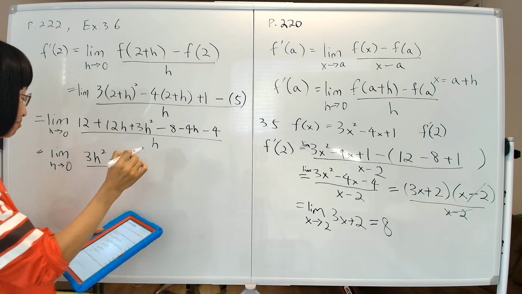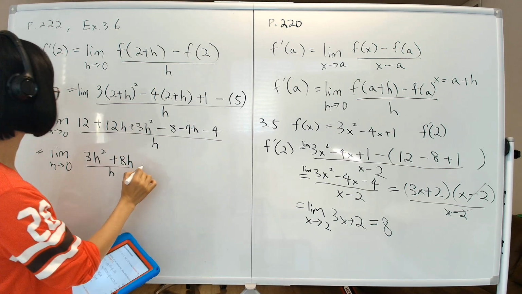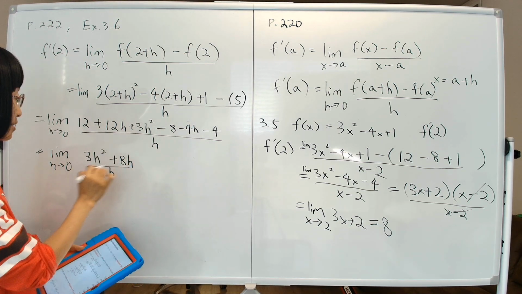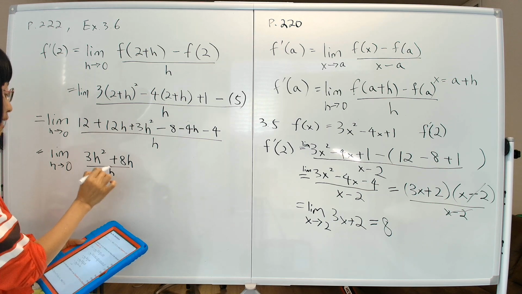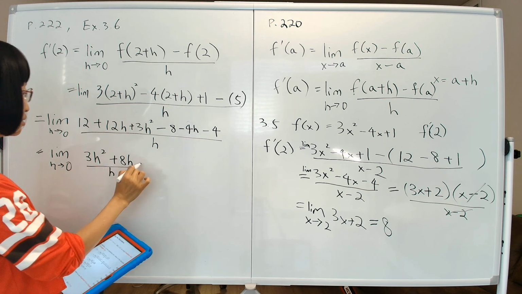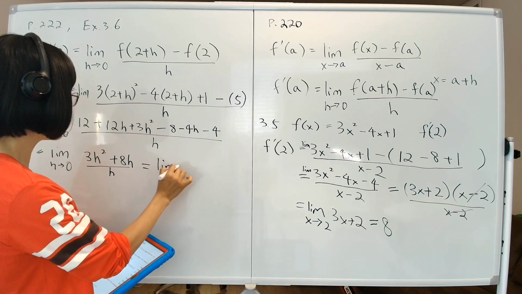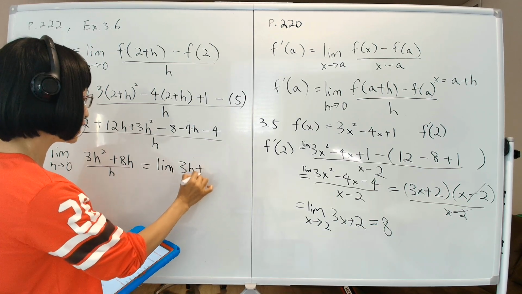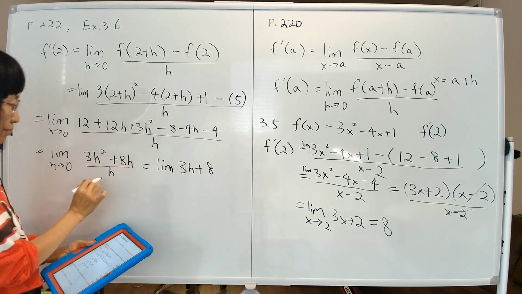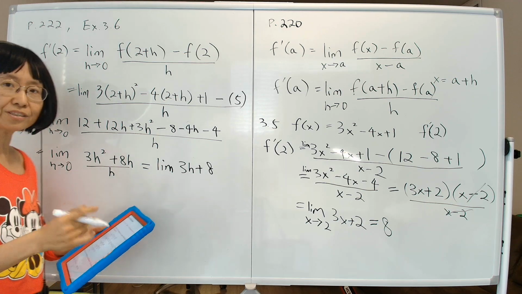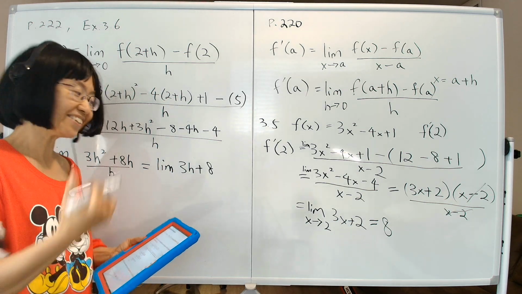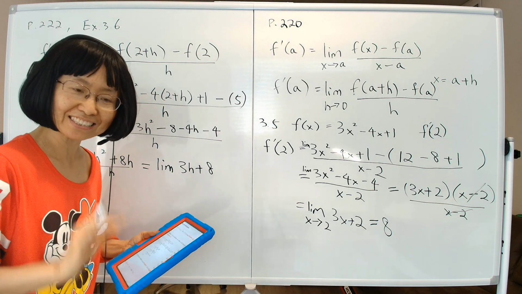So then, first let's cancel out the h. So that's the limit of 3h plus 8. That's it, because we cancel out the h, because h is going to 0, but it is not 0, right? We continue to emphasize that point.